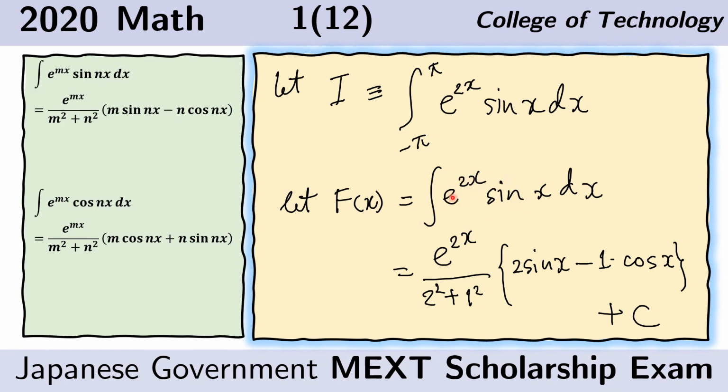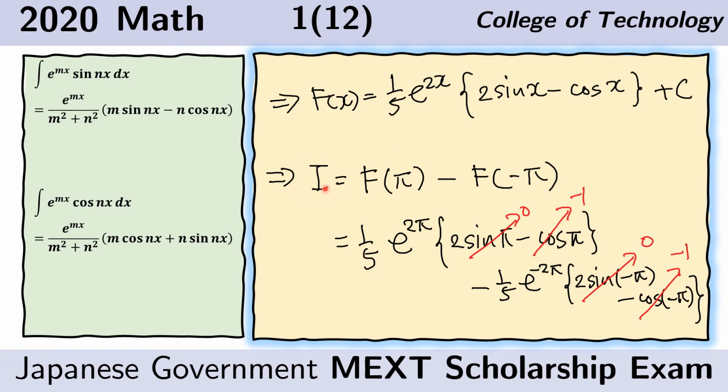We simply take the e to the 2x outside, and in the denominator we get the square of this plus the square of the coefficient here. Then, because this is sine x, we have sine x, we have minus cosine x, and then the coefficient here goes here, and the coefficient here goes here, and we have the arbitrary constant out here. So this is now our antiderivative just from the shortcut.